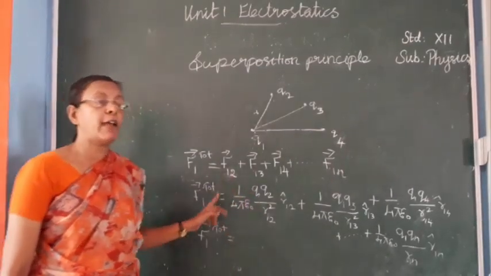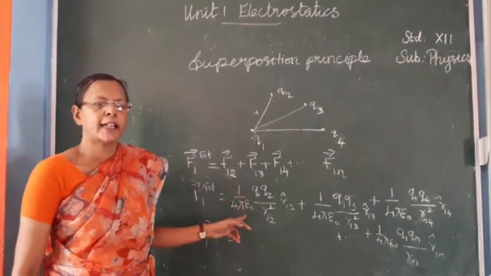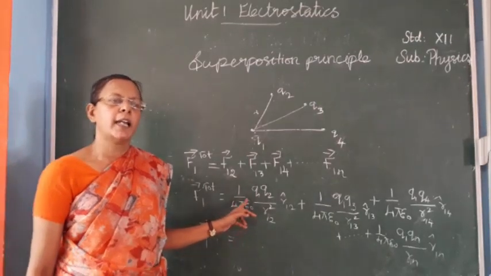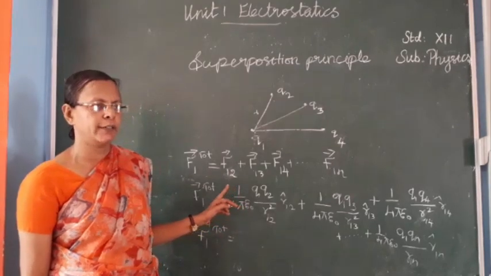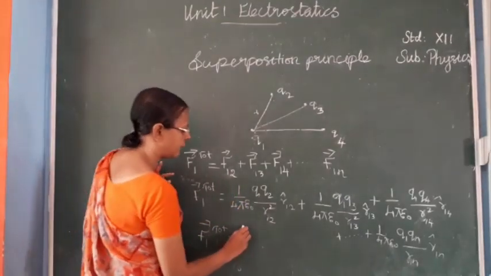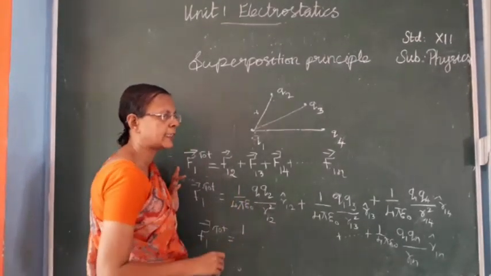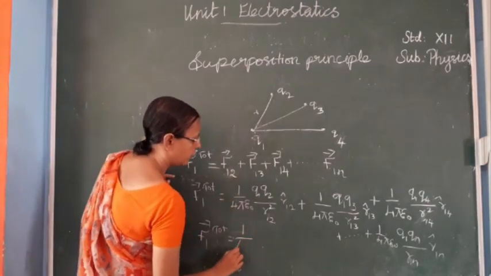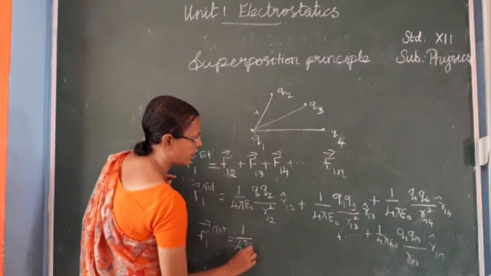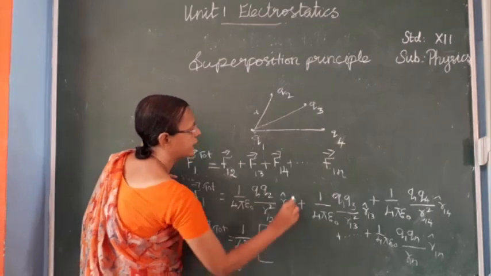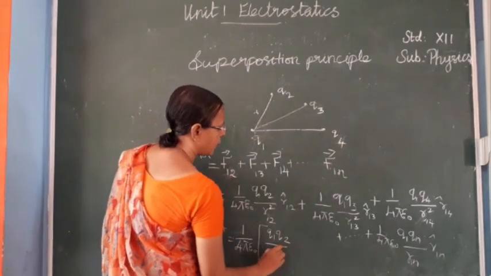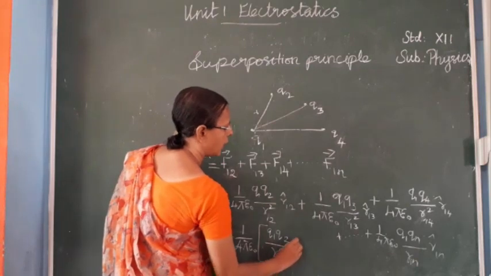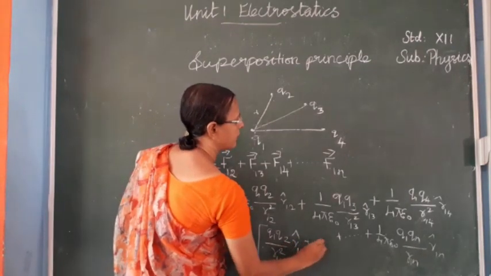Can you remember the value of this 1 by 4 pi epsilon 0? 9 into 10 power 9 N m square C power minus 2. Yesterday we have learned it, so don't forget that value. We are not utilizing it here, but we want to take this 1 by 4 pi epsilon 0 commonly outside.